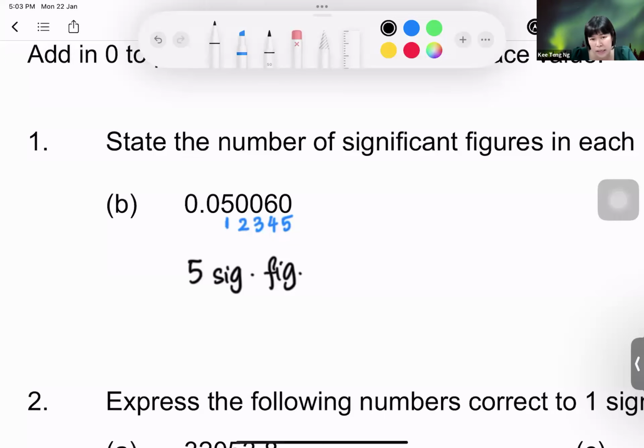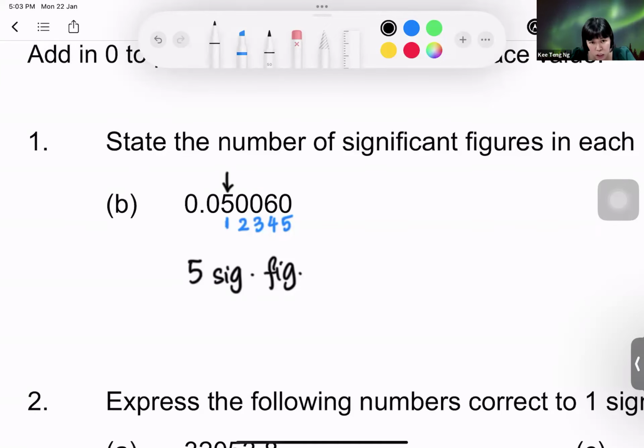In short, we write it as sig. fig., S-I-G dot F-I-G. So in this case, the number of significant figures that this number has starts from the first non-zero number, which is 5, and after which all the 0s and the other integers are all counted as significant figures.